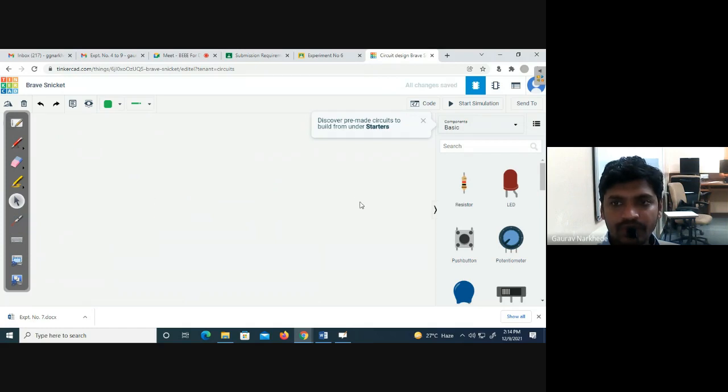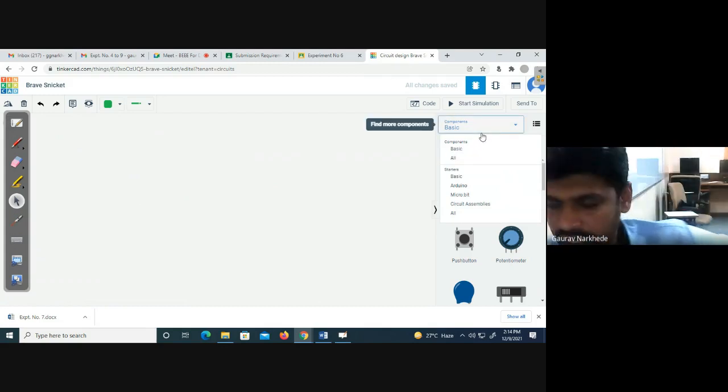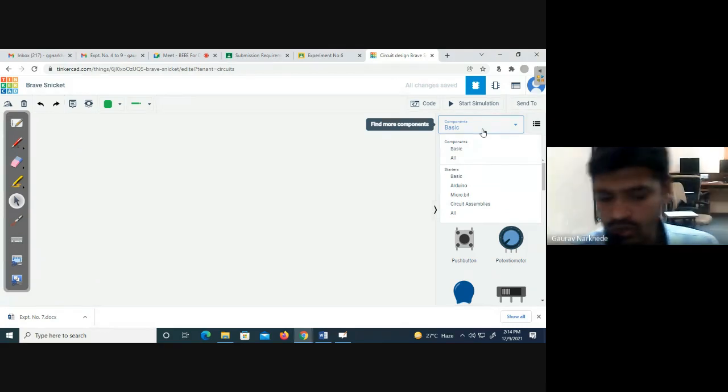I can use a breadboard also, but for simplicity, I will not use a breadboard. I will just prepare the circuit, because you will understand, and then I expect you to do it on a breadboard so that you can understand all the connections.